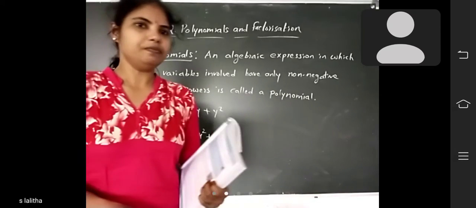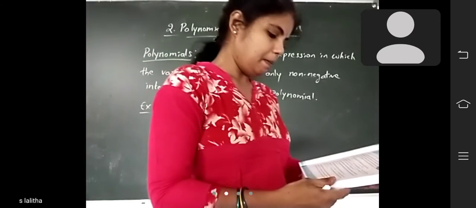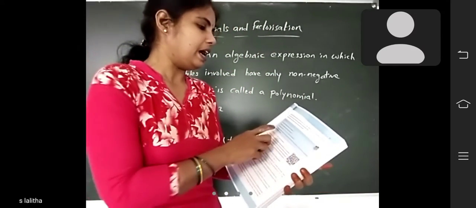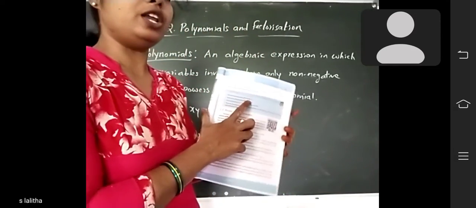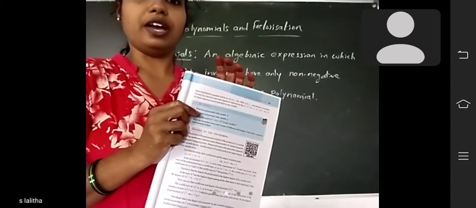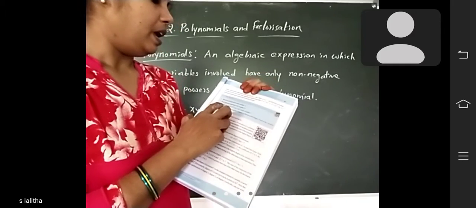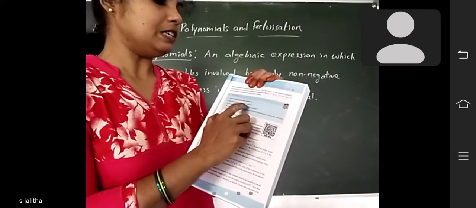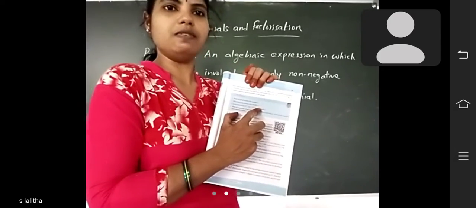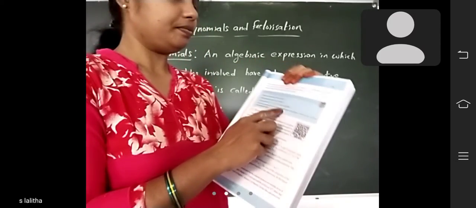Did you understand now? Next, see page number 29. Do this. Write two polynomials with variable x. We can write any two polynomials with variable x. Next, write three polynomials with variable y.